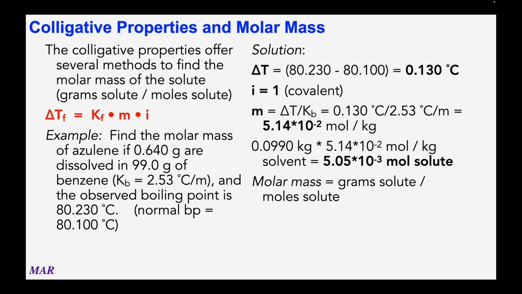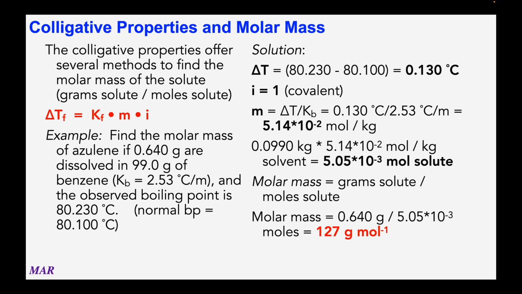Kilograms times moles over kilograms gives you 5.05 times 10 to the minus 3 moles of solute, and that's moles of azolene. Well, we had 0.640 grams of azolene in this problem. So that grams divided by the moles we just calculated, 127 grams per mole, is the molar mass of azolene.